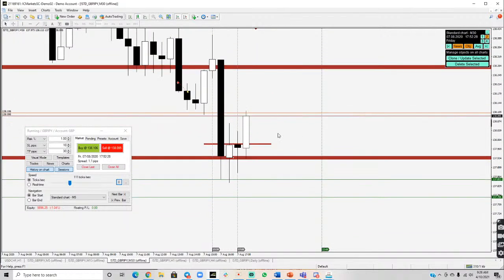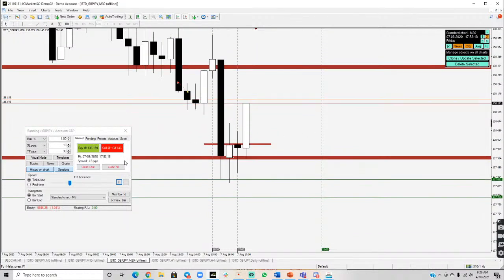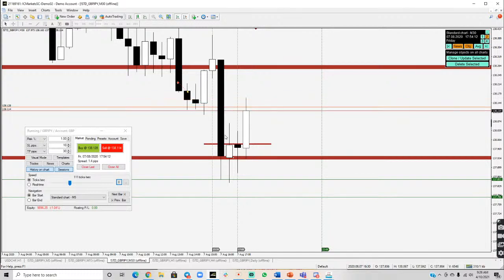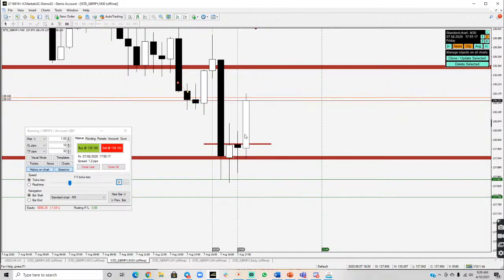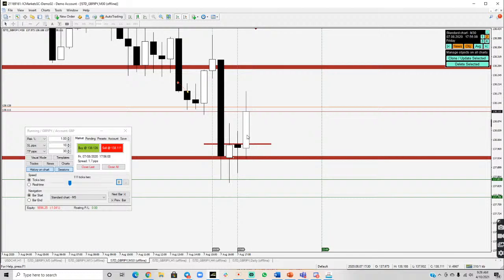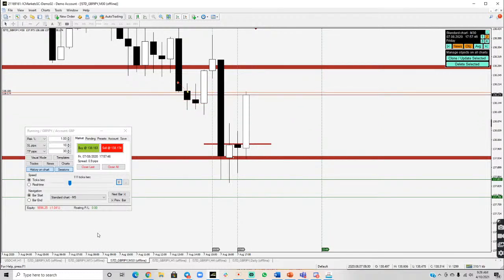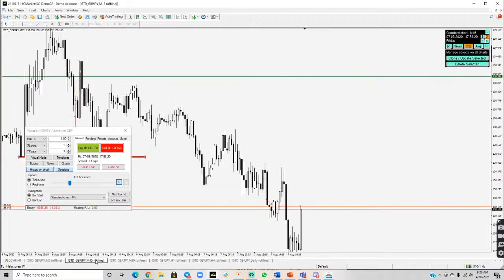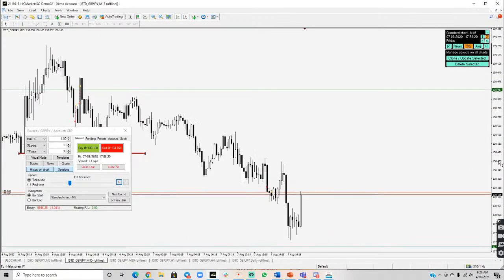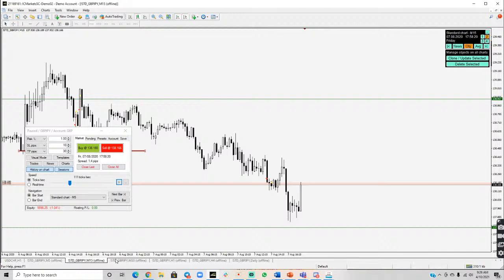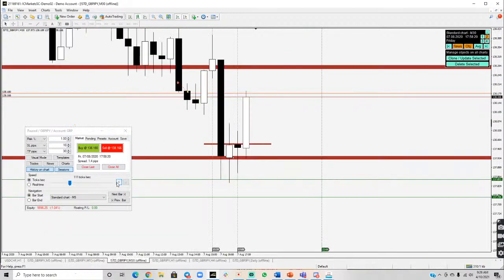Yeah, looks like we're gonna miss that play. So we're gonna miss the play basically, but that's the idea. But as I can see, the candle did not close, it just starts to push. Yeah, it just started to move, so we didn't get the confirmation for that buy.